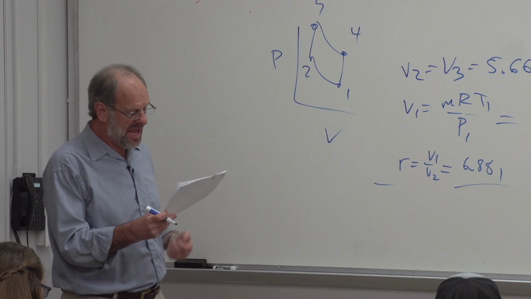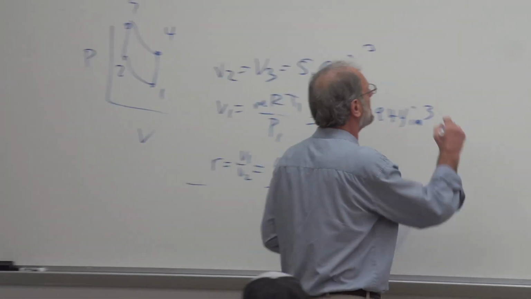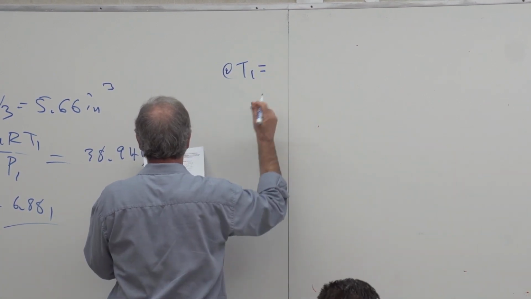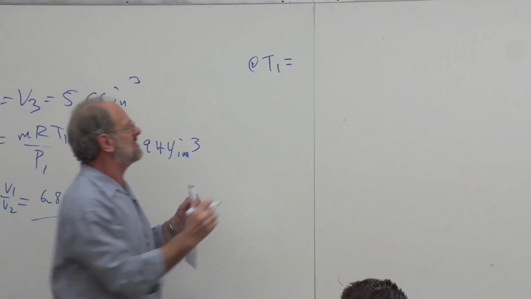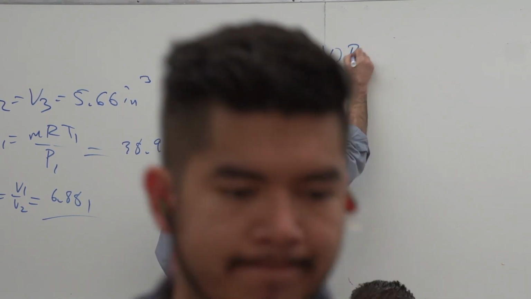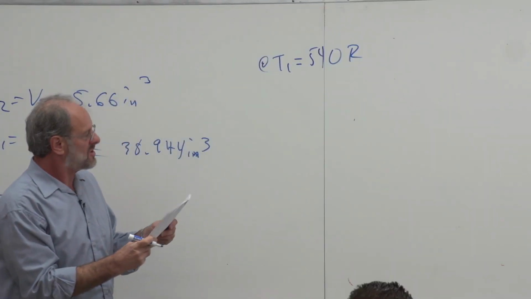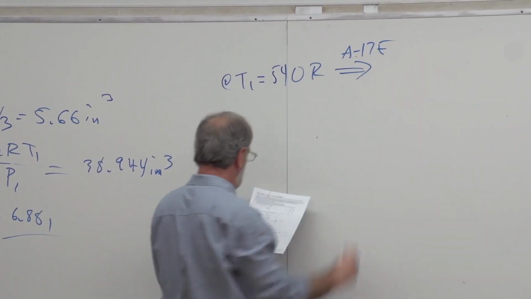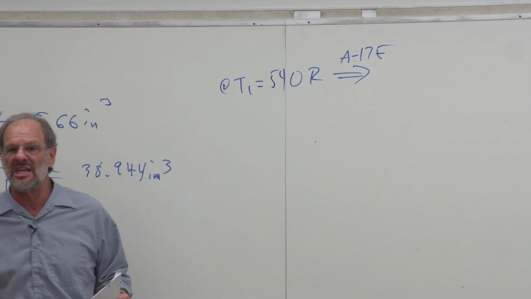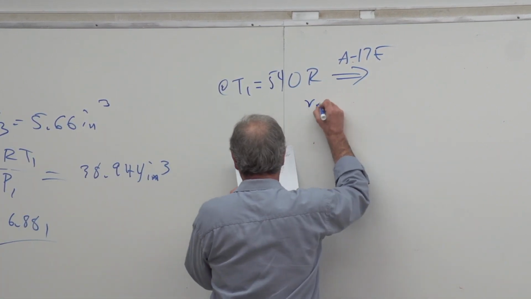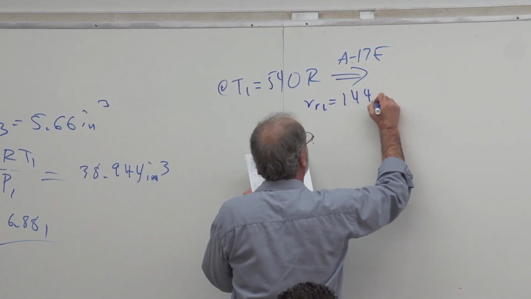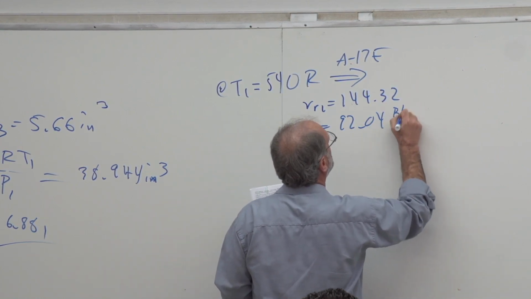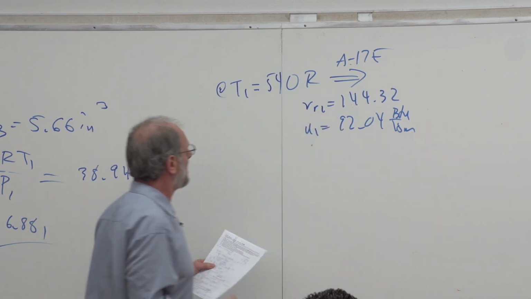We find R. Now we have to start going through the cycle itself. So we're going to start at T1. T1 was given to you. It says at the beginning of the compression stroke. So T1 is 540. So at this particular temperature, we have to go into table A17, really A17E with the proper units, and we find VR1 of 144.32 and U1 of 92.04 BTUs per pound.